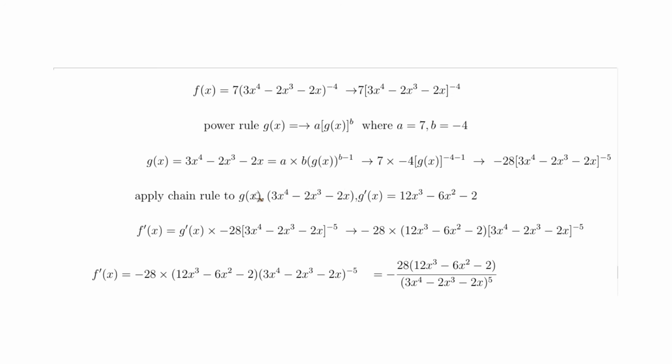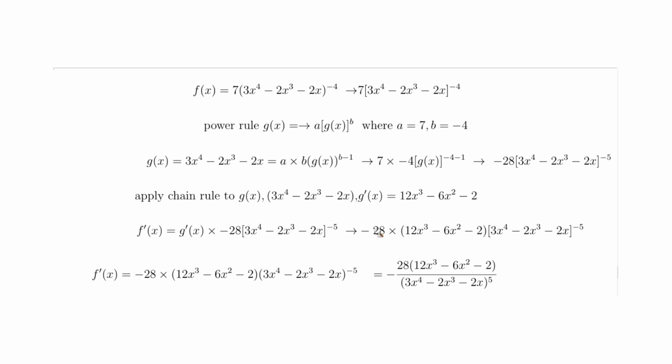So now we're going to have to multiply the derivative by what we had after the power rule, which is -28 times the polynomial to the -5. So the derivative that we just worked out for g will now be multiplied by -28 times (3x⁴ - 2x³ - 2x) to the power of -5.